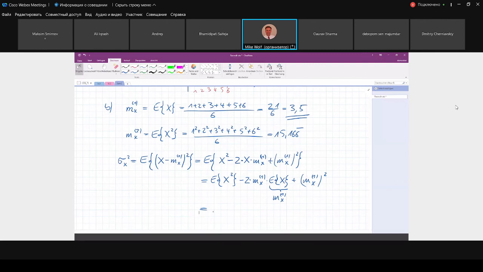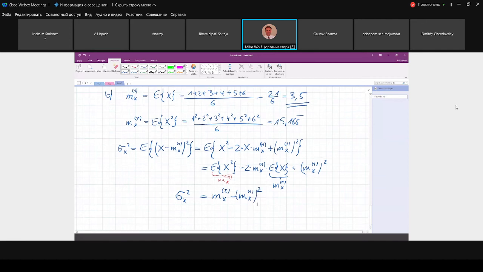So we get that the variance of the random variable is nothing else than the second moment minus the first moment squared.